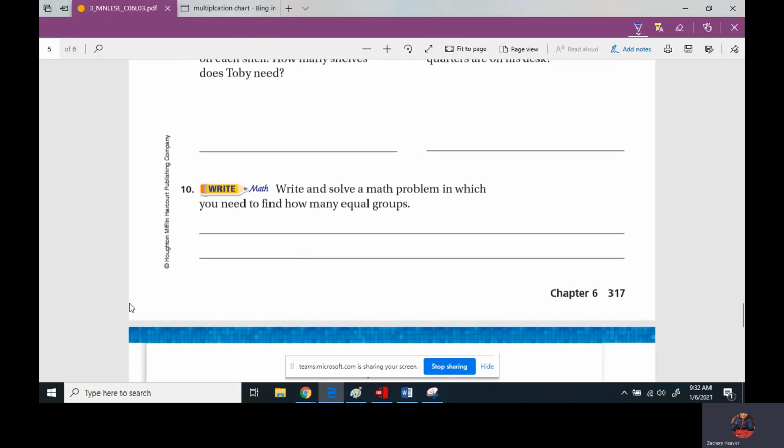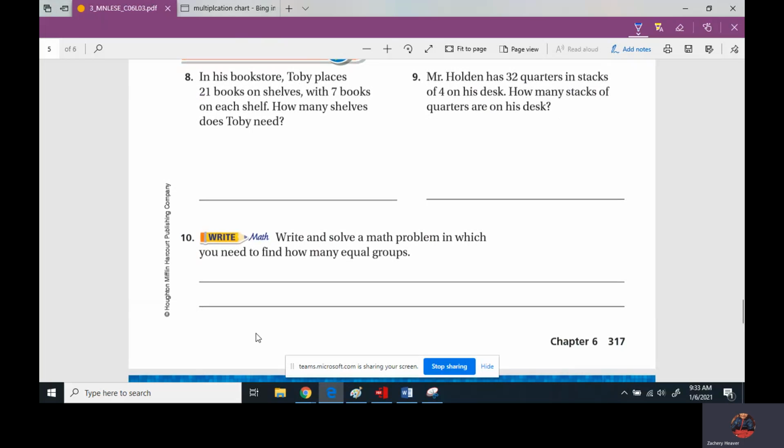It says write a math problem to solve what we need. So let's use someone I know, let's say Connor. Connor, if you see this, I was thinking about you. Let's say Connor places 8 books on shelves.